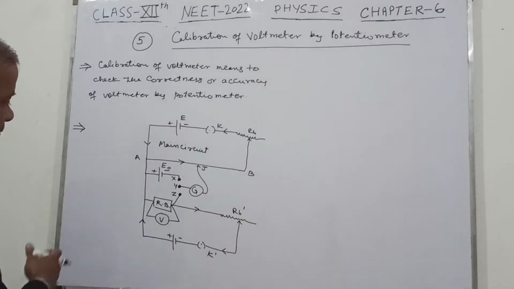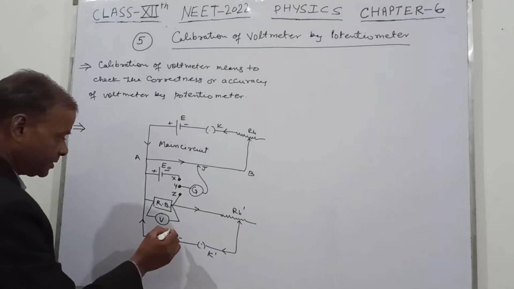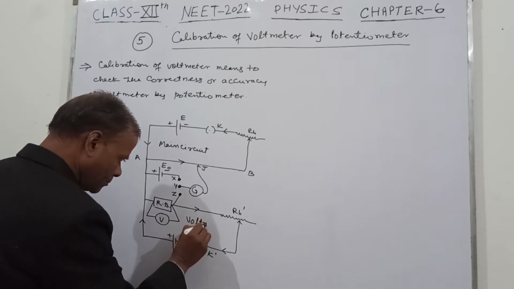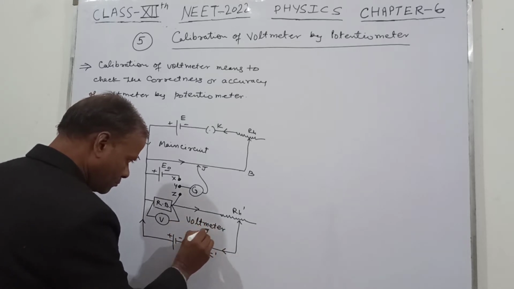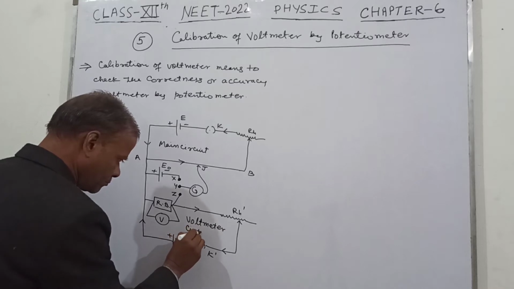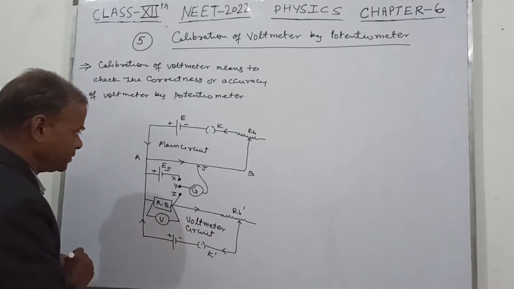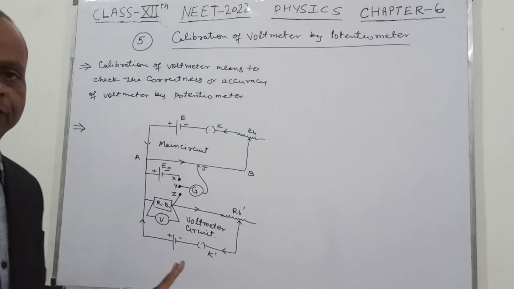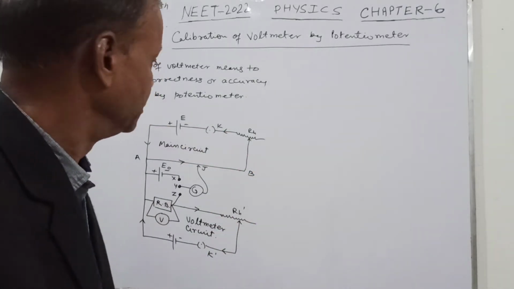This is the circuit diagram. This is now the voltmeter circuit. This is the complete circuit diagram for the calibration of voltmeter.